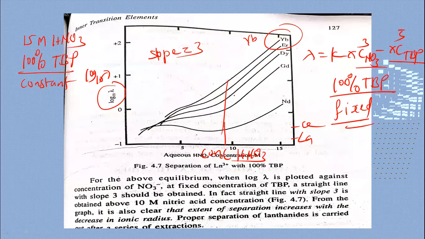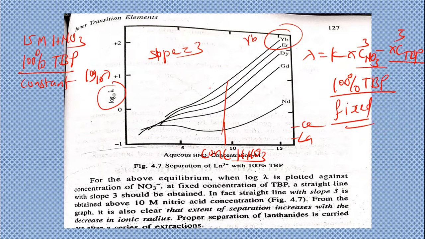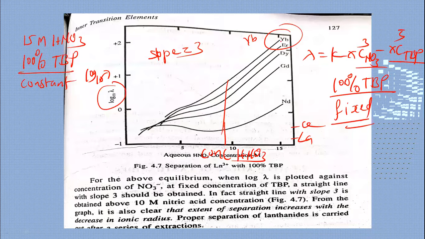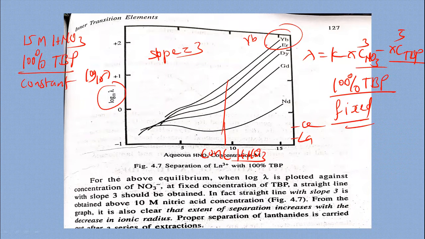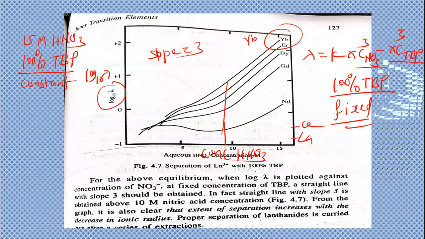So when we plot the graph of log lambda versus the concentration of the nitric acid, we get the proper separation factor here for smaller lanthanum ions, means for lutetium, ytterbium, erbium. So in this way, lanthanum ions are extracted from the aqueous phase into the organic phase.